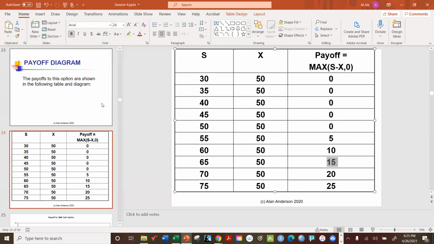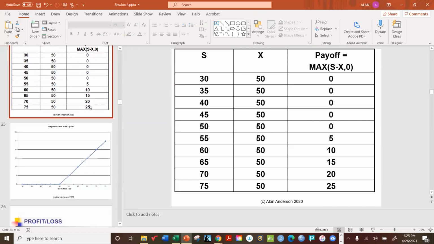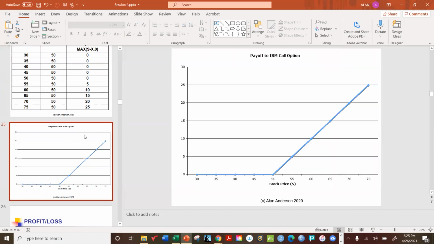That makes sense. So if you put this together into a nice little plot where the payoff is on the vertical axis and the spot price of the asset, or in this case, the stock price, is on the horizontal axis, you'll see that it has a very interesting shape. In fact, you can see what's happening down here. The strike price is 50.